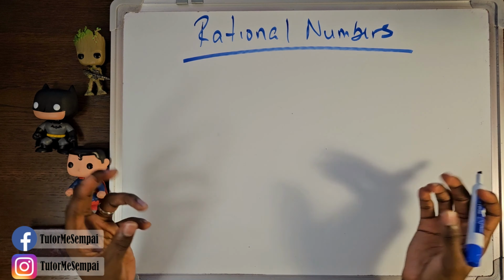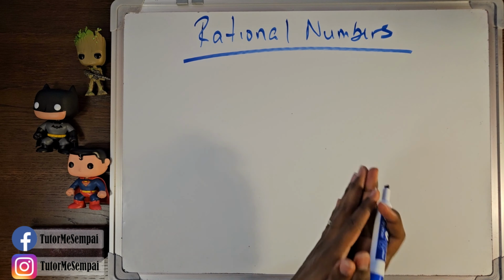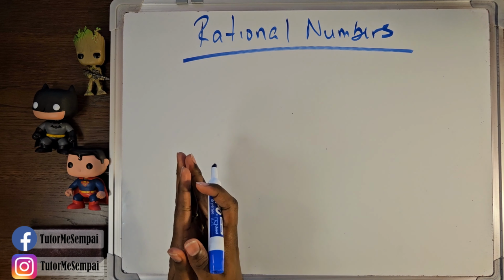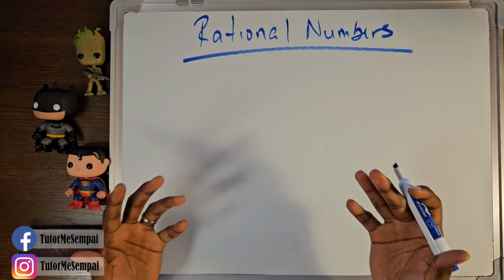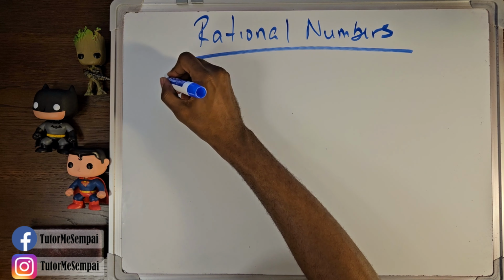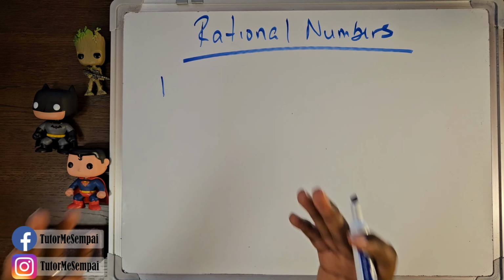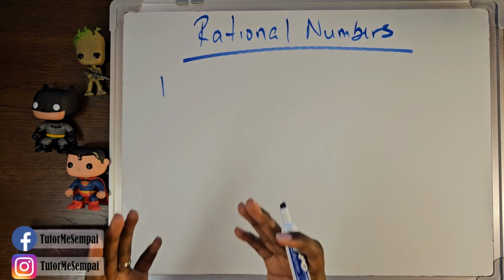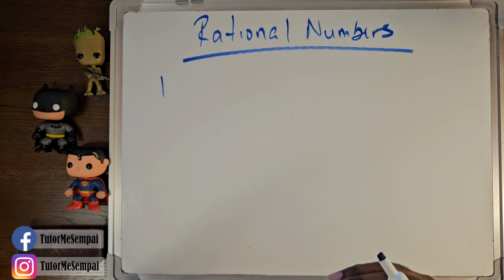So by definition, we already know one group of numbers which automatically have to be rational numbers, and that's all of our integers. I'm just going to put 1 here as a denotation of all the integers. We know that this has to be a rational number because it can always be itself over 1.